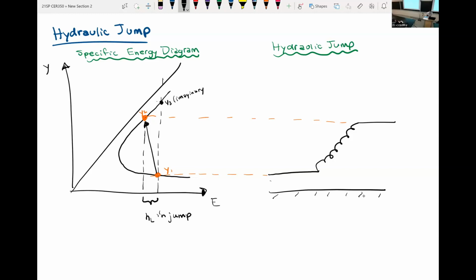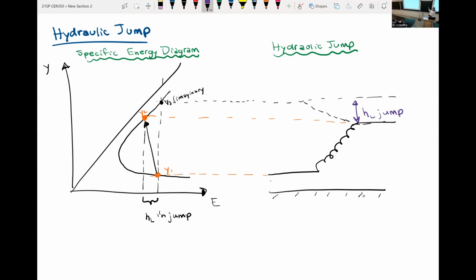If we were to draw this out, hypothetically, this is our energy line. And in this jump, we have a loss. This is our hypothetical and conservation of energy. But in actuality, we have head loss or energy loss in that jump.